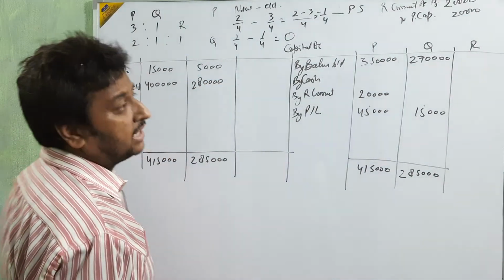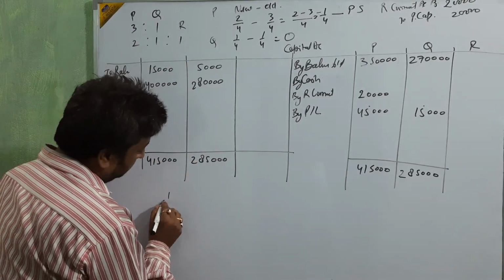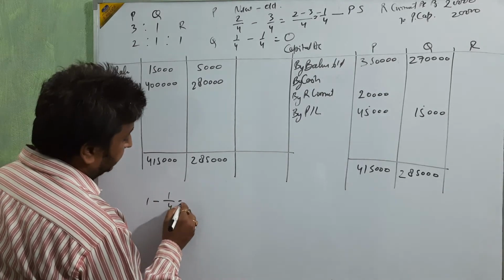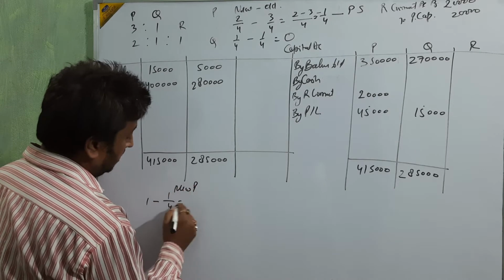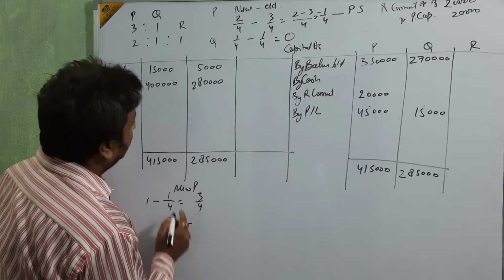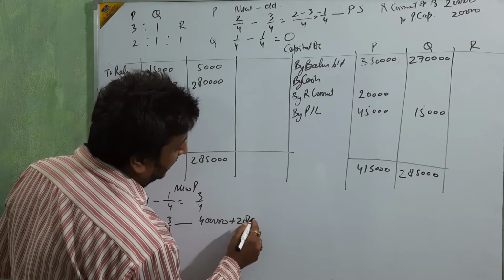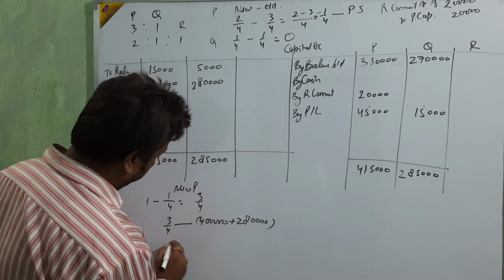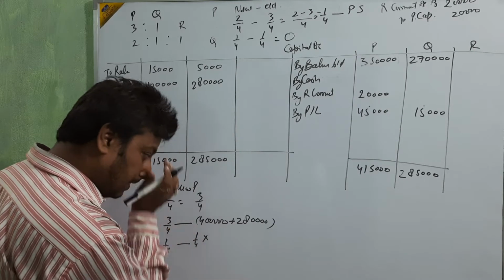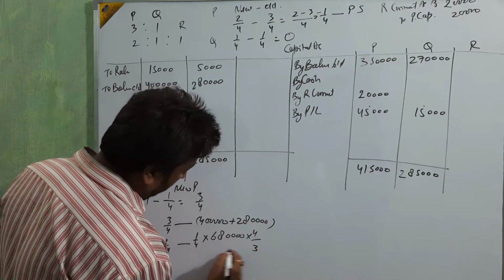Now calculate the new partner's capital for 1/4. 1 minus 1/4 is the share of the new partner, 3/4. For 3/4, the total capital is 4 lakh plus 2,80,000, then for 1/4 it is 6,80,000 into 4/3.